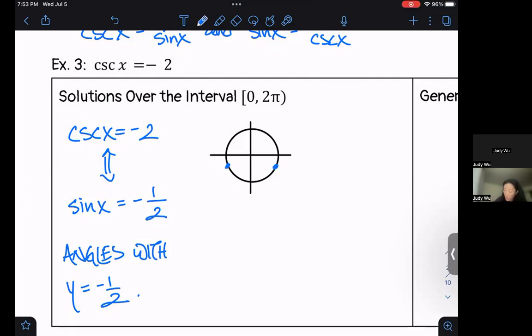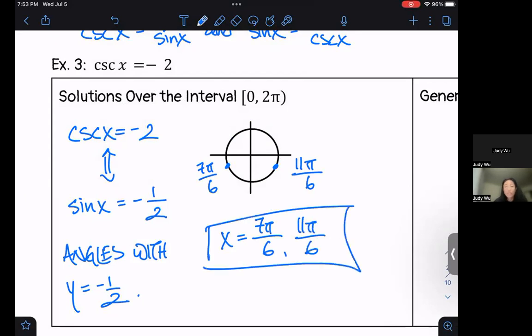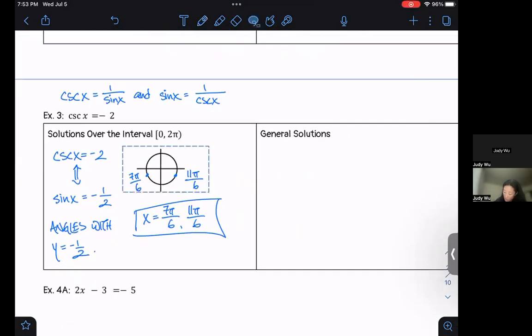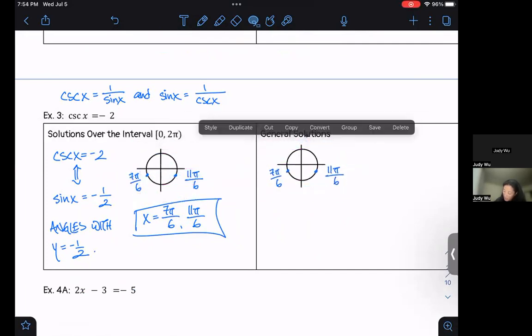And if we look at our unit circle, this should be 7 pi over 6, and this one should be 11 pi over 6. Okay, so what that means is that x will equal 7 pi over 6 and 11 pi over 6 when we just look one time around the unit circle. But we still have to find our general solutions. So let's go ahead and copy that diagram over there.